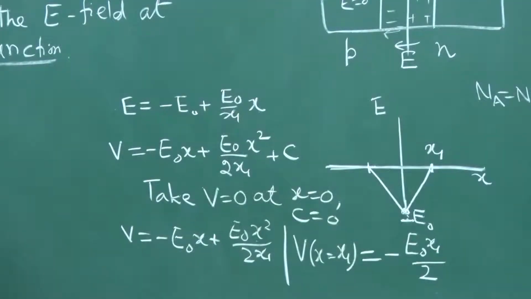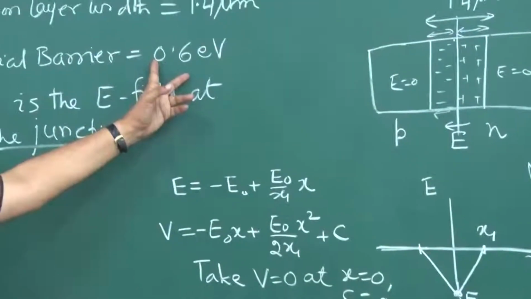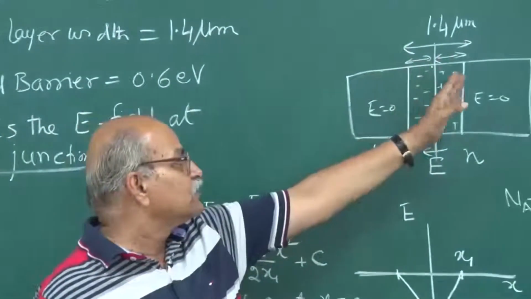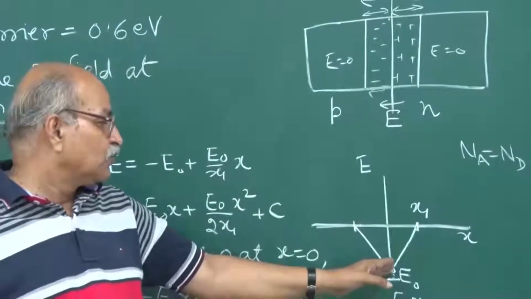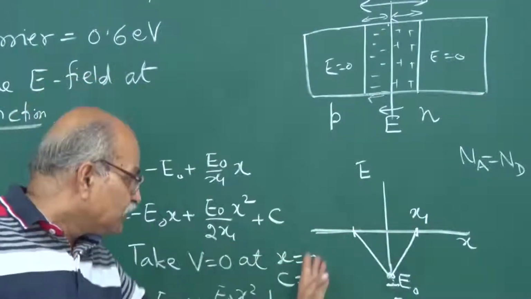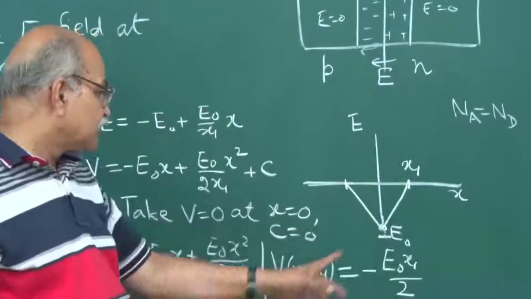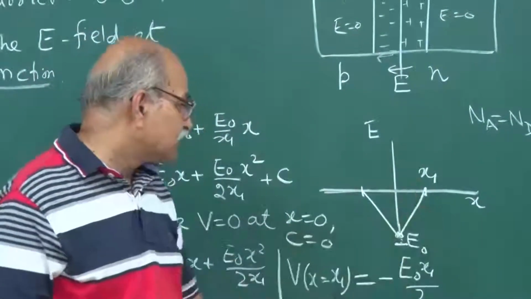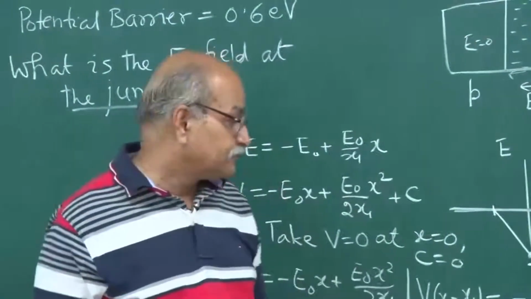But the total potential barrier is 0.6 electron volt from here to here, and it is symmetric. So if you have 0 potential here, and on this side it is something, the same will be on the other side. The difference from x equal to 0 to x equal to x1 should be 0.3 volts.